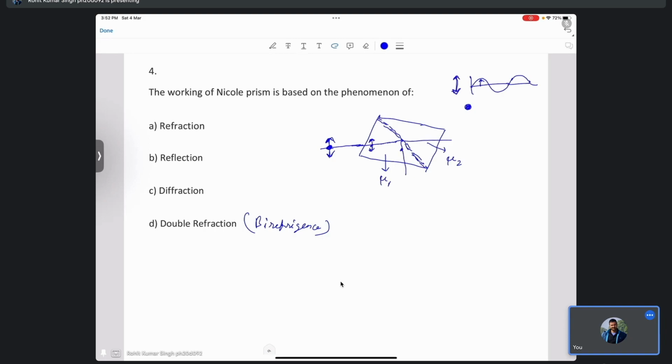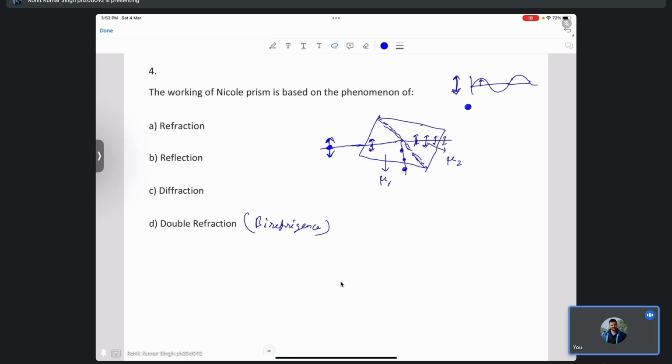So this component of light will be reflected, and this component will only get passed. So you can get polarized light through this process.